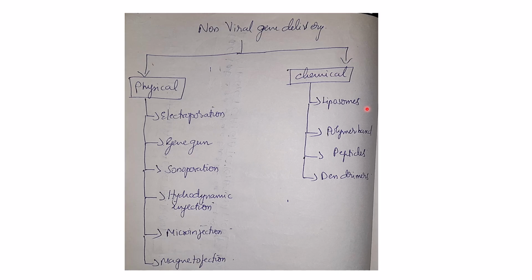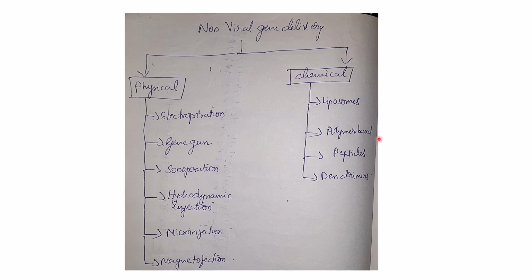They are vesicles with a lipid bilayer and they can encapsulate small RNA and DNA molecules. This encapsulation is for protecting the genetic material from degradation, and it will aid in cell entry of this genetic material. So that is the method used by liposomes.